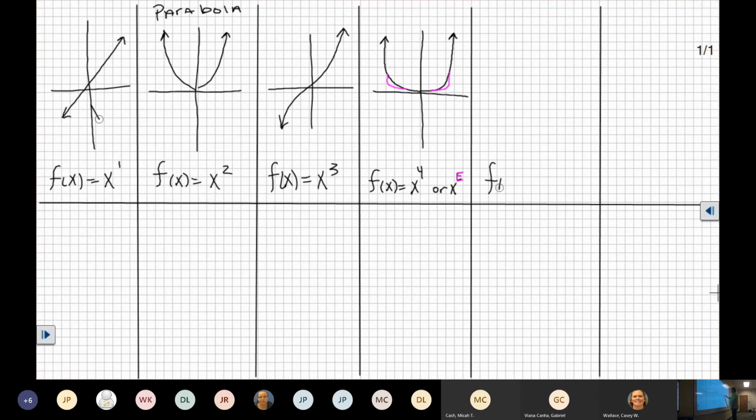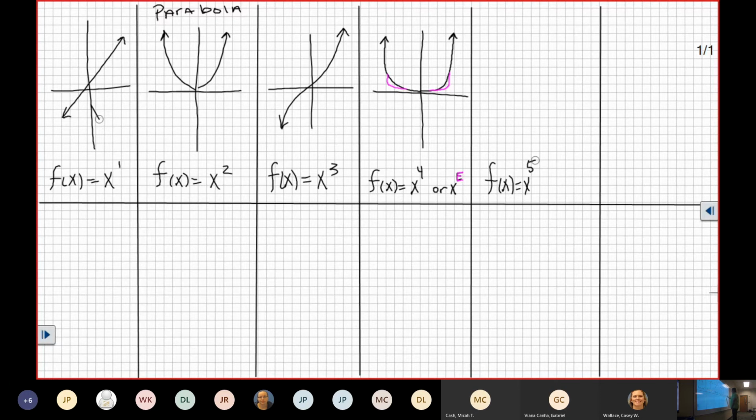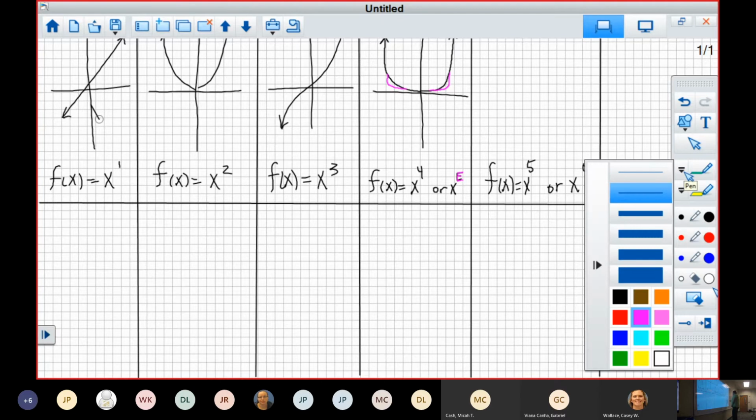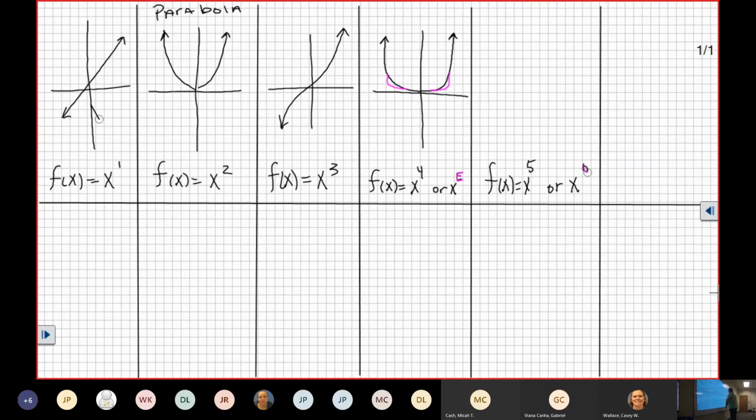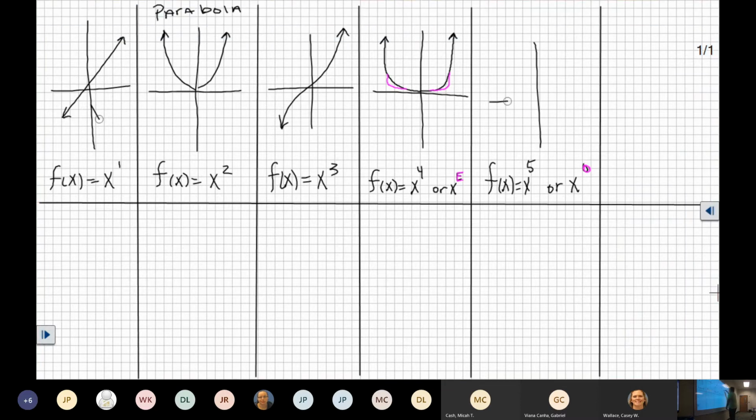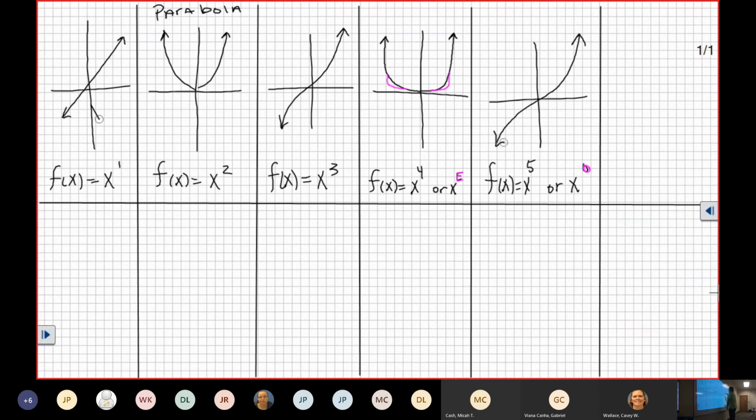F of x is equal to x to the 5th or x to the odd. And I'm going to put that in magenta. Okay? So that means that we've got an odd function which is symmetrical around the origin.